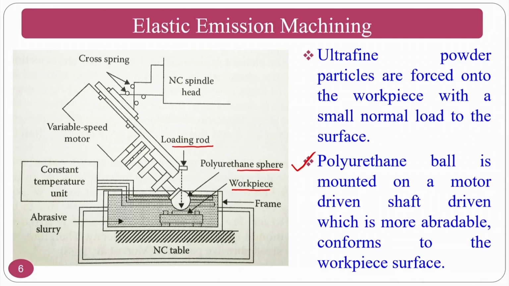Okay. You have an NC spindle head, so that you can control the cross spinning, at the same time a variable speed motor. It will give you the speeds at which your spherical ball has to rotate, and you should maintain a constant temperature unit, because you are going to finish optical lenses. Lenses are normally brittle materials. If you do not maintain the temperature, or a temperature difference is there, then there will be a problem of brittle fracture.